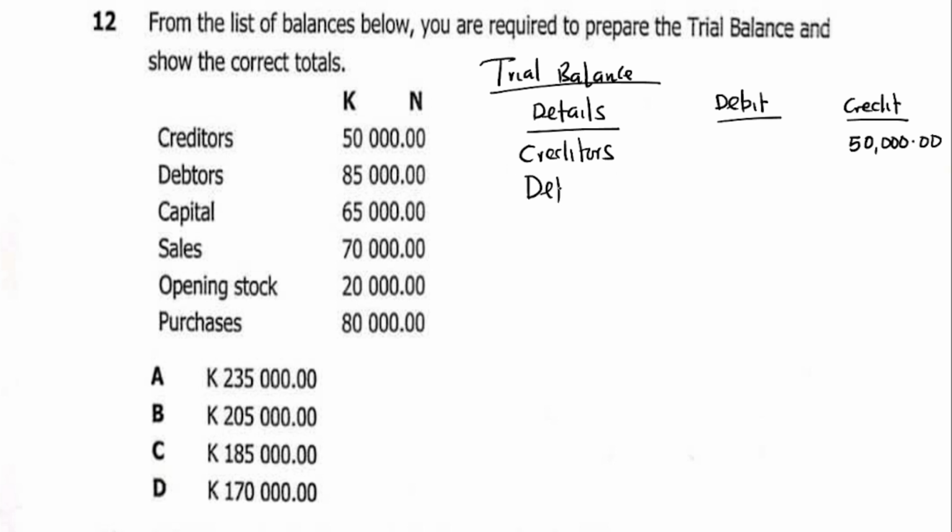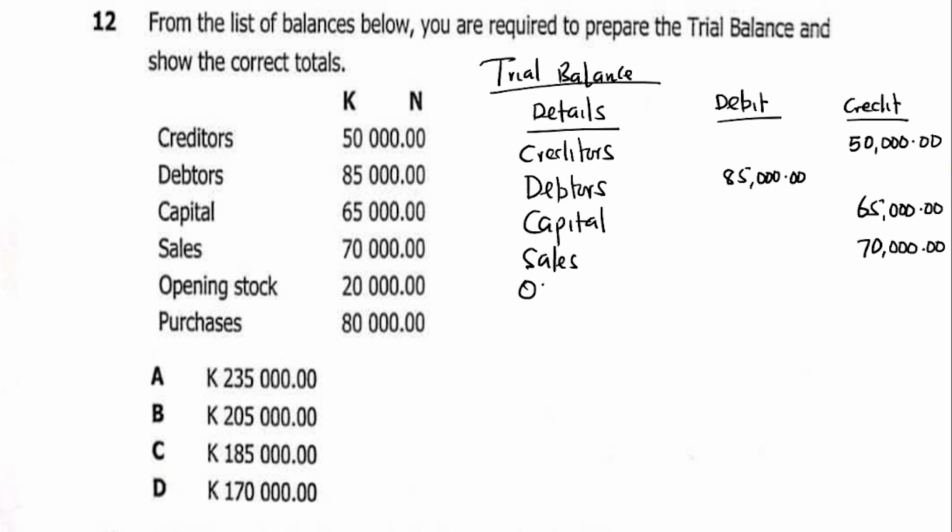Then debtors, these are assets, so we're going to debit them, which is 85,000. Capital, we said capital is supposed to be credited, so we're going to credit the 65,000 there. Then sales, we are going to credit, that's an income, which is 70,000.